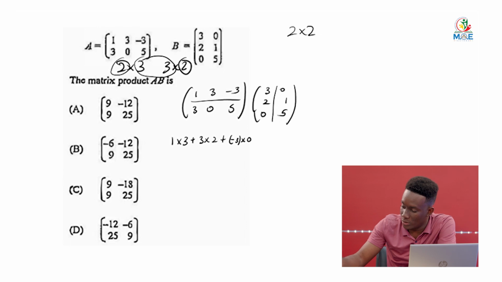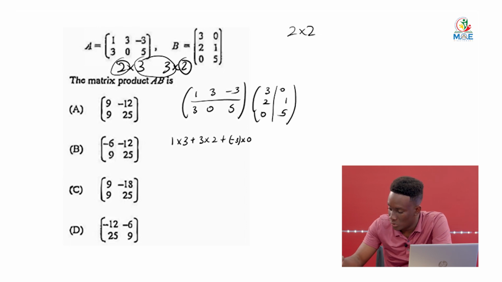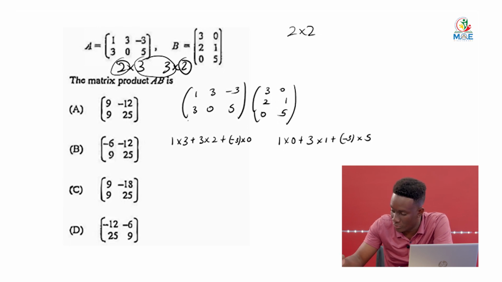Then I go to the other column, 1 times 0 plus 3 times 1 plus -3 times 5. Then I go to the other row and the first column again. This one will be 3 times 3 plus 0 times 2 plus 5 times 0.